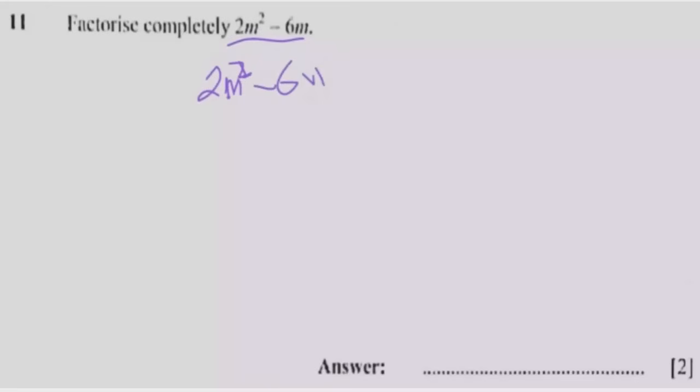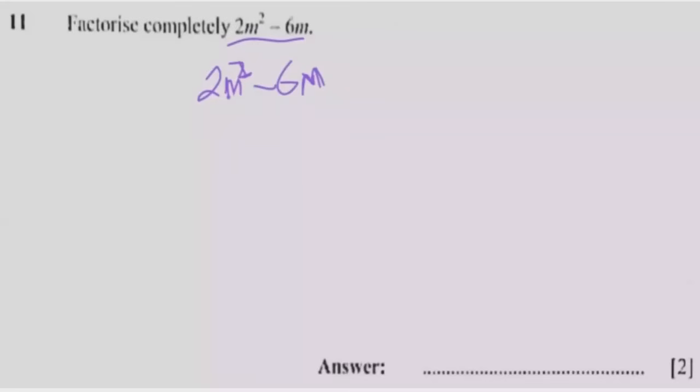Okay, so what we need to do first is we need to find the factors of the coefficients, which are 2 and 6. In simpler terms, when I say coefficients, I'm talking about the numbers 2 and 6. So the highest common factor of 2 and 6 is 2 itself.